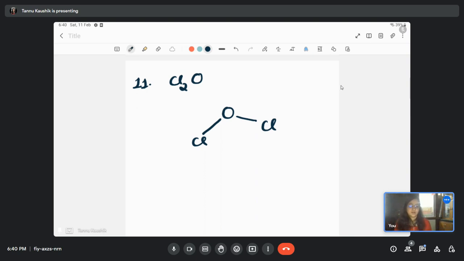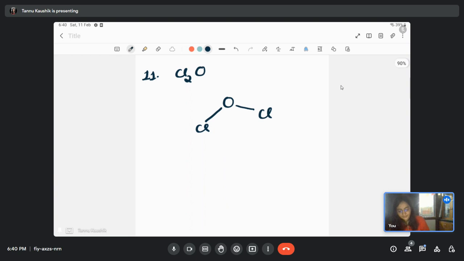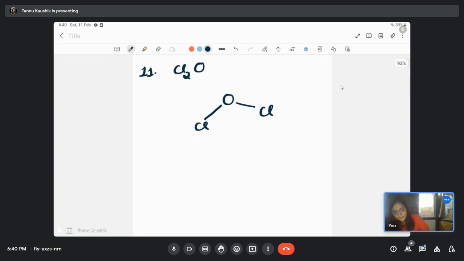Benzene boat form, cyclohexane boat form we can take. Benzene is planar. So let me discuss this OCl2.